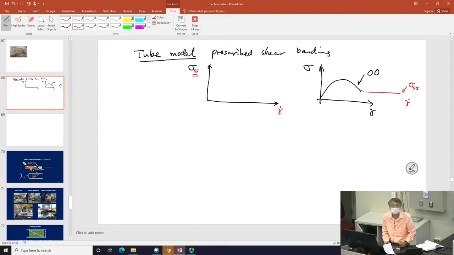By definition, if you plot such a thing, you must be talking about steady state, because otherwise you have your value of stress everywhere. Until steady state, you get a unique value. What they observed, what they predicted, was something very disturbing. Disturbing, okay, meaning troubling.